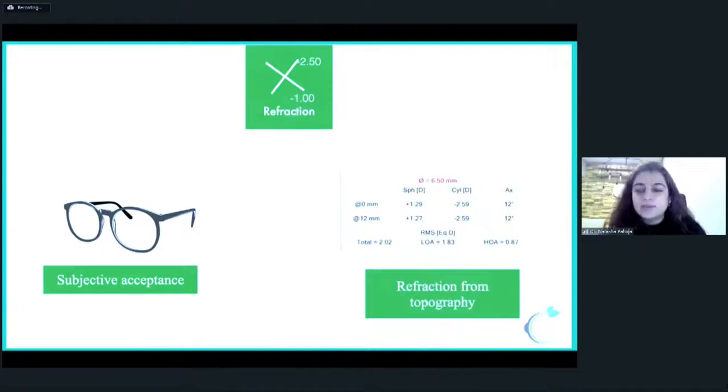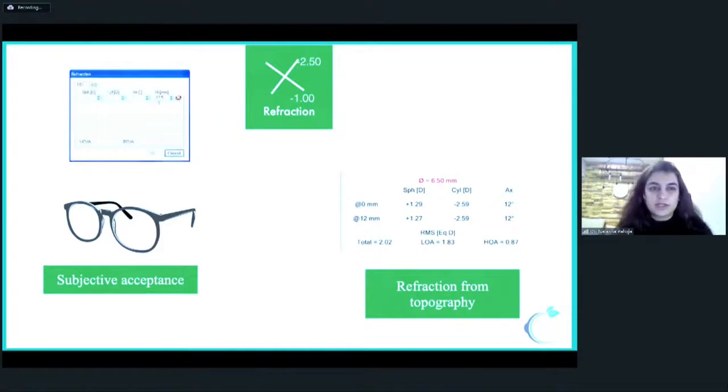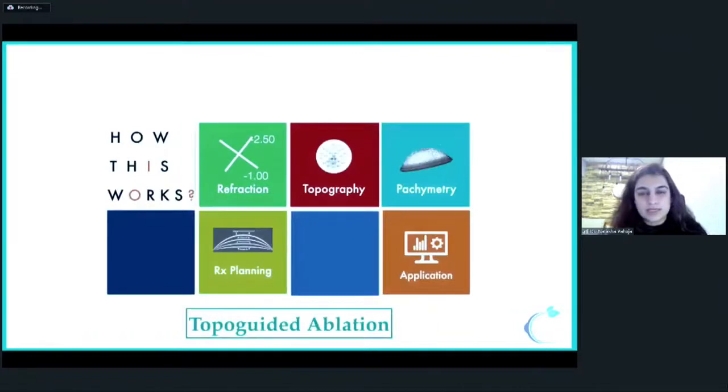This comes from the ray tracing method, so it measures the wavefront aberrations and gives us a refraction. It is a good idea to compare the subjective acceptance with the topography refraction. What Schwind-Amaris or the Schwind-Cirrus also does is give you a small option of putting in the subjective acceptance and comparing with what the machine gives us.